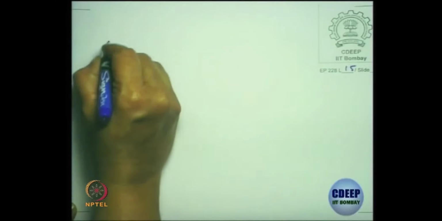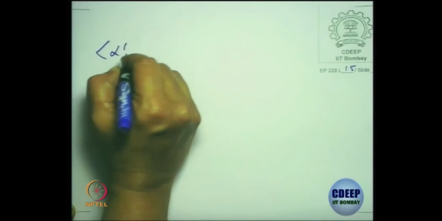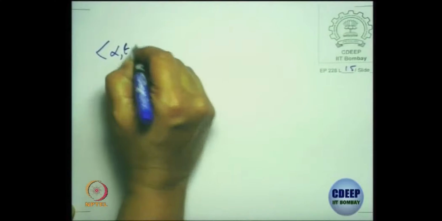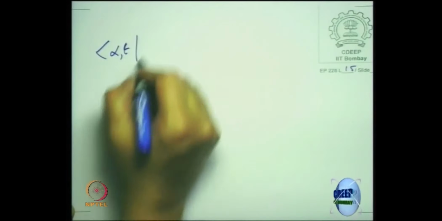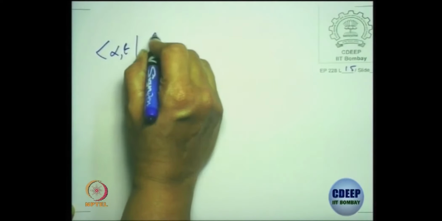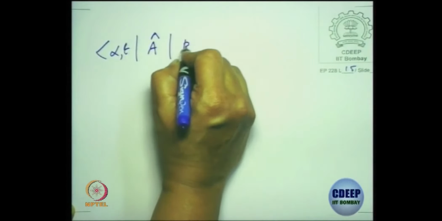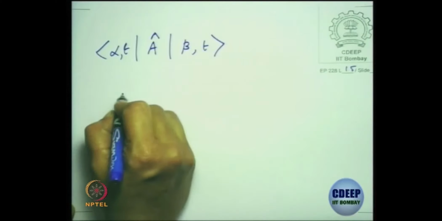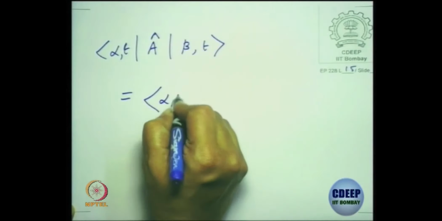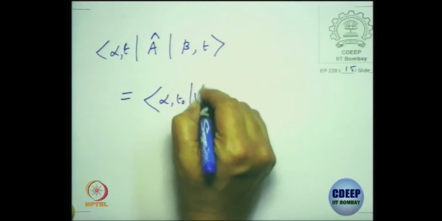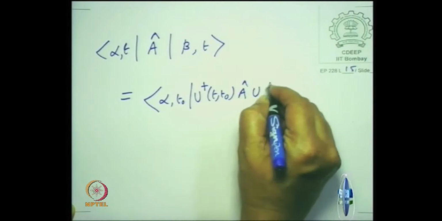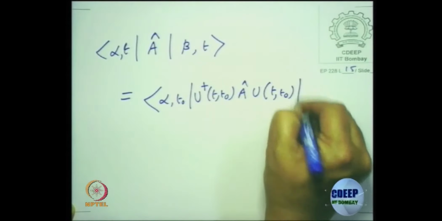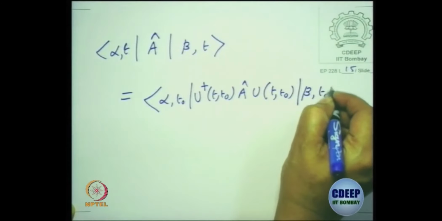So the matrix element <alpha of t| A |beta of t>, you can write alpha comma t or alpha of t, both are equivalent, and then some observable which has no explicit time dependence, you can write this as <alpha of t naught| U dagger(t, t naught) A U(t, t naught) |beta of t naught>.